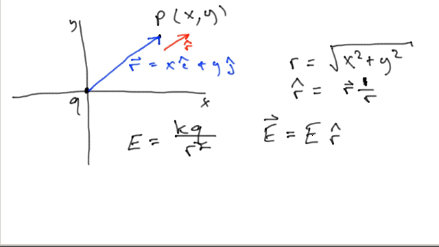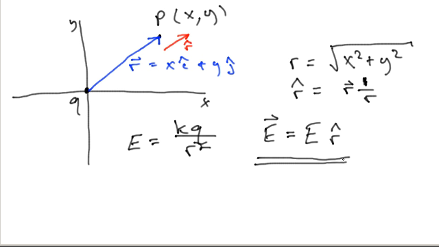Alright, this E is not really the magnitude of the vector, it's the component of the vector in the R hat direction. That is to say, any vector can be expressed as some value times a unit vector. The value is the scalar component of the vector in the direction of the unit vector, and so it can be positive or negative.